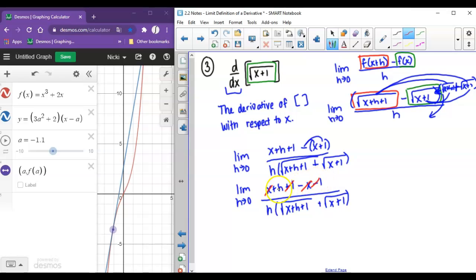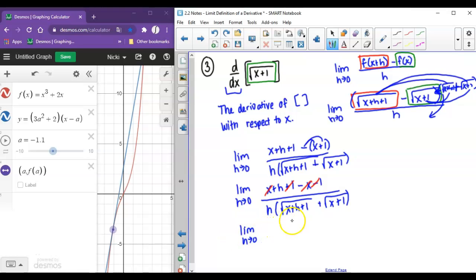I'm only left with the h, which I have just an h on the top. And I've got an h that's factored out here, so I'm just going to go ahead and cancel those h's. Now, I just want to make sure everybody knows I could not do that before everything else canceled, so I am going to write it out, I guess.